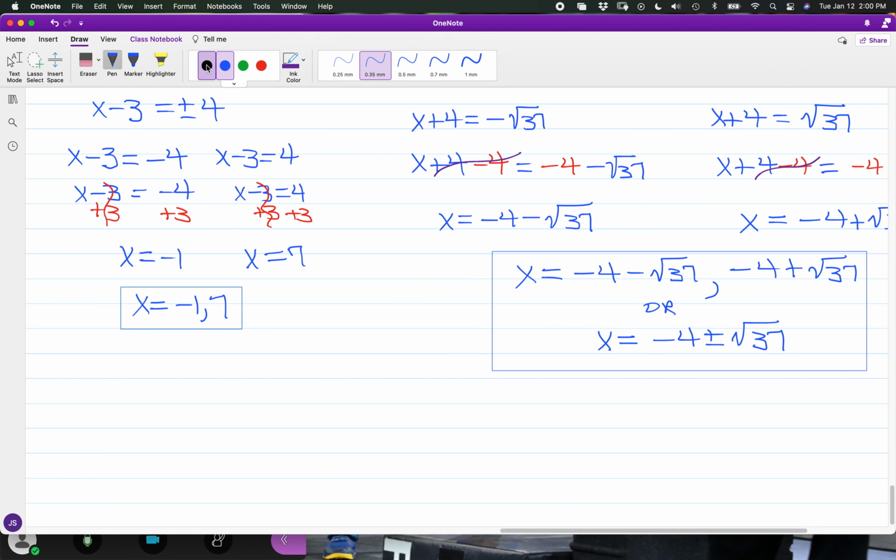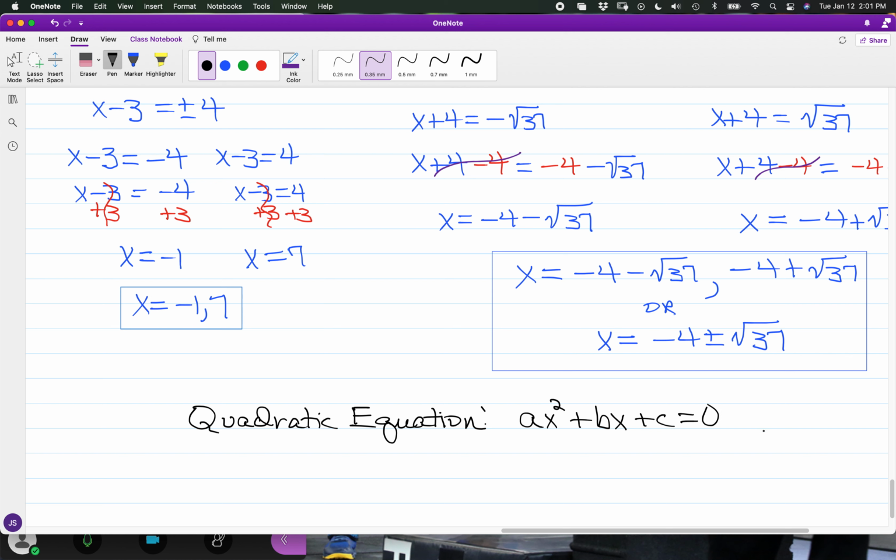And again, just going back to the general expression for the quadratic equation, a quadratic equation is a second order equation whose standard form is ax squared plus bx plus c is equal to 0, whereupon a cannot be equal to 0.